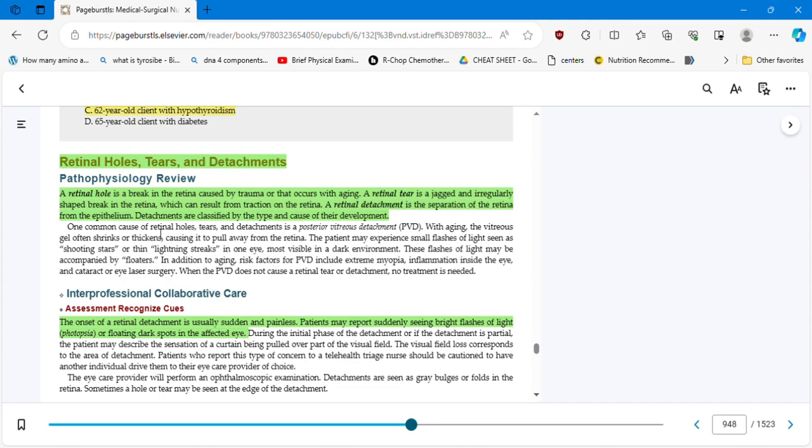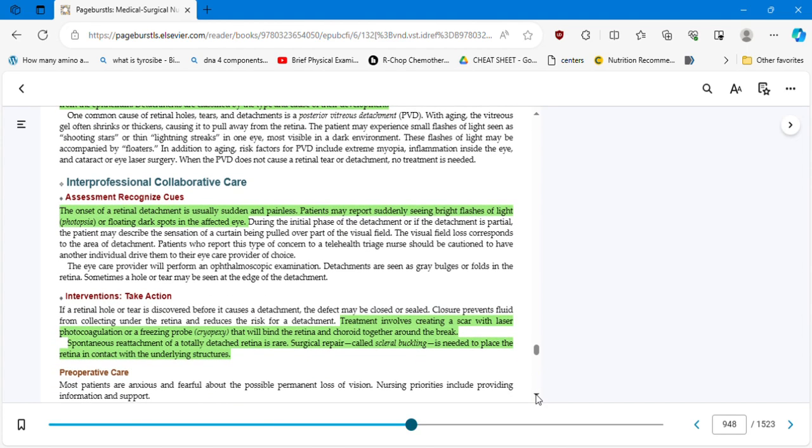Let's go to retinal holes, tears, and detachments. A retinal hole is a break in the retina caused by trauma or that occurs with aging. A retinal tear is a jagged or irregularly shaped break in the retina which can result from traction on the retina. A retinal detachment is the separation of the retina from the epithelium. Detachments are classified by the type and cause of their development.